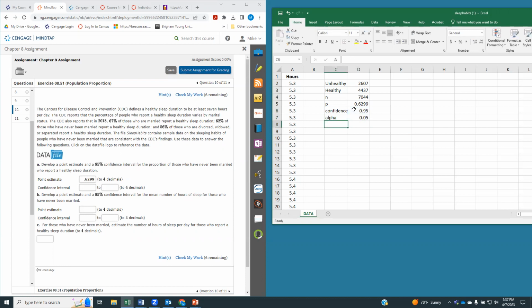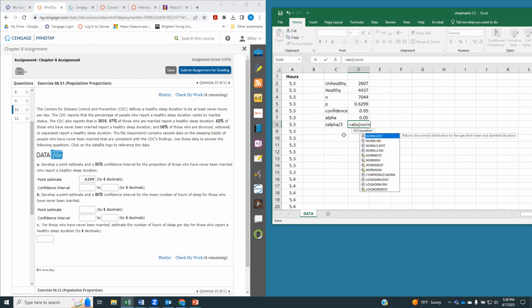I know I could skip all that, but I like to get in the habit of doing it. Then my z-score of alpha divided by 2 equals the absolute value of NORM.S.INV of my alpha divided by 2.